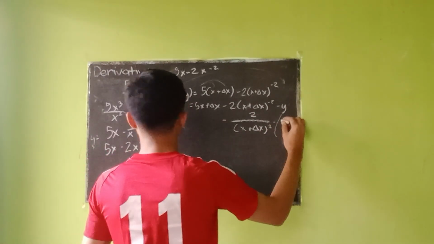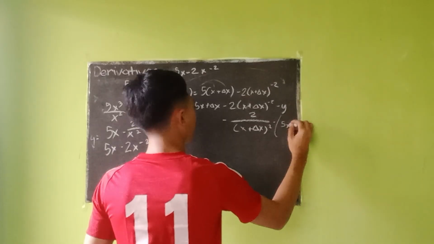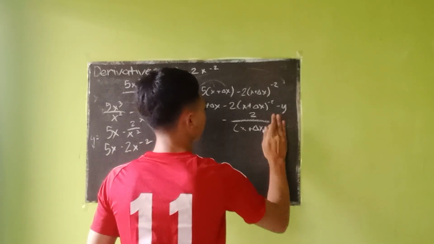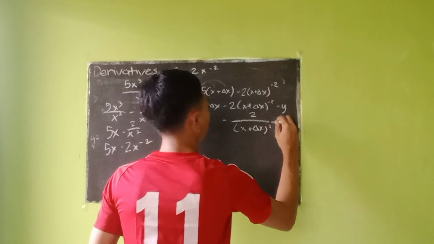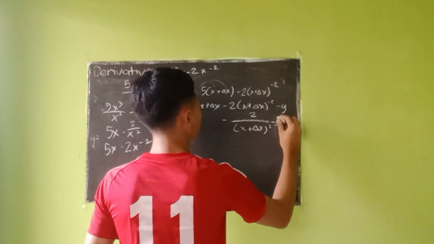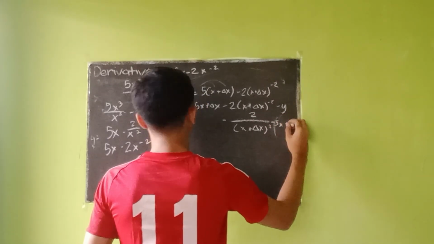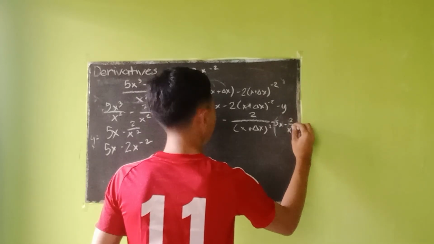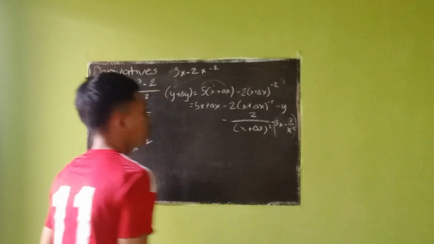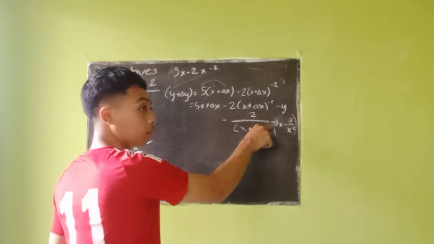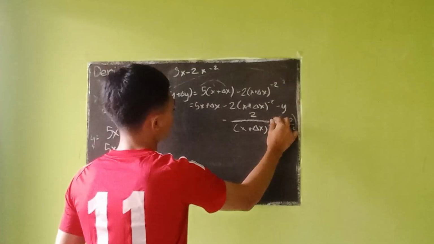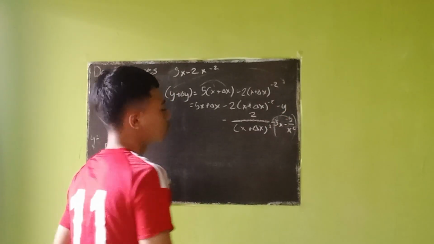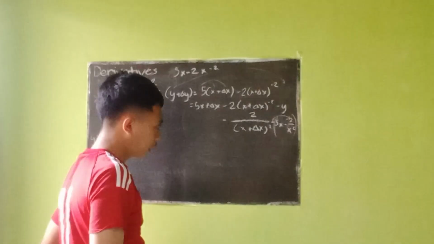So we have 5x minus, then after that you have this sign, you have to distribute it again to its sign.